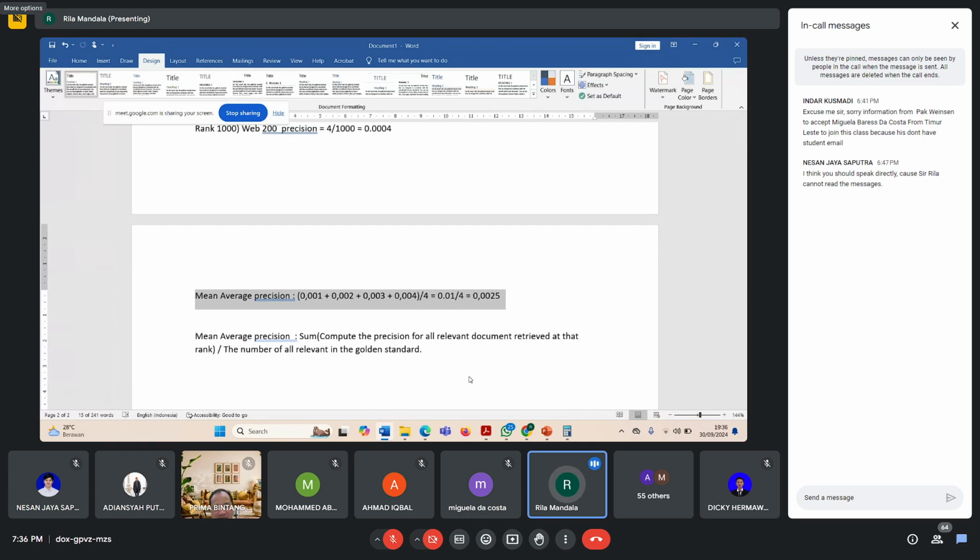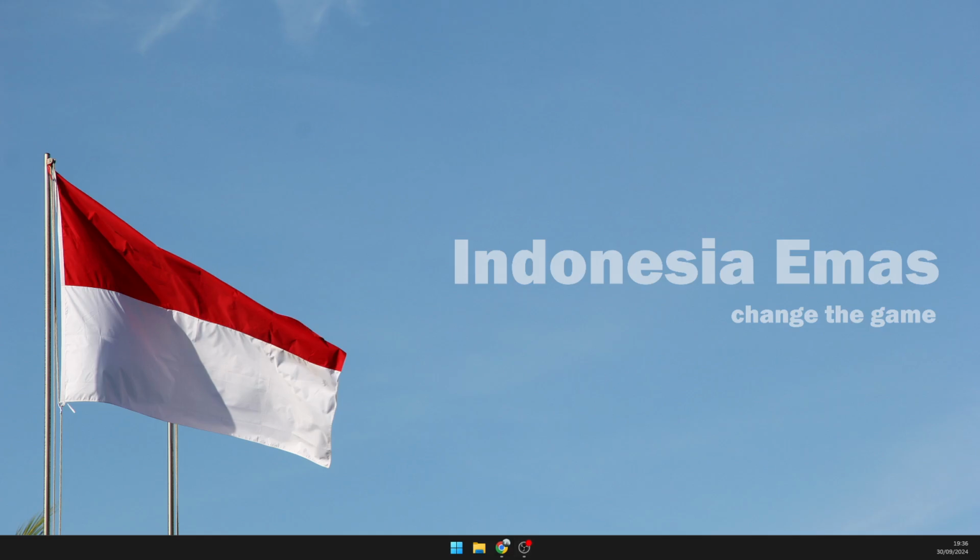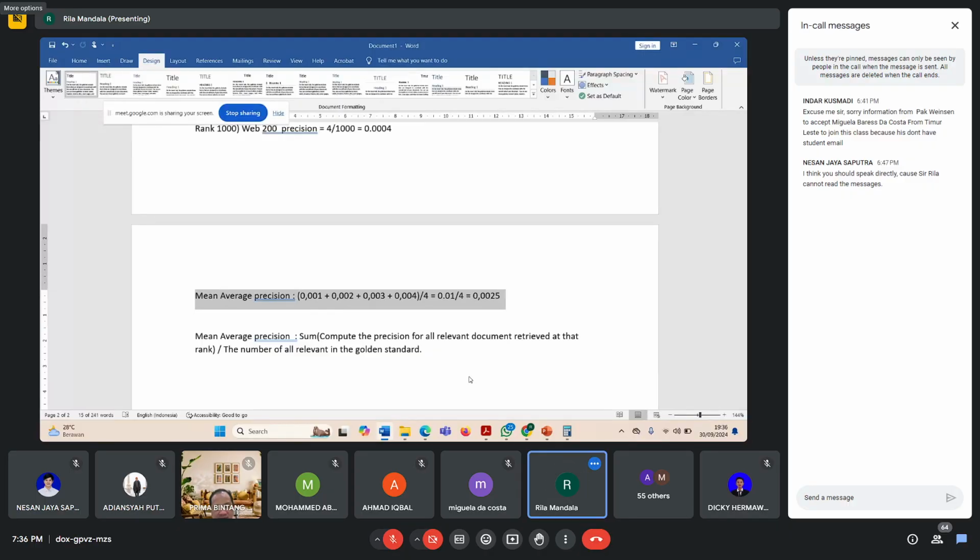If you put the relevant document in rank number 1 or in rank number 1,000, that's very different. You can never read the document in rank 1,000. Even rank 10, maybe you don't open that web. You just see rank 1, 2, 3, 4, enough.